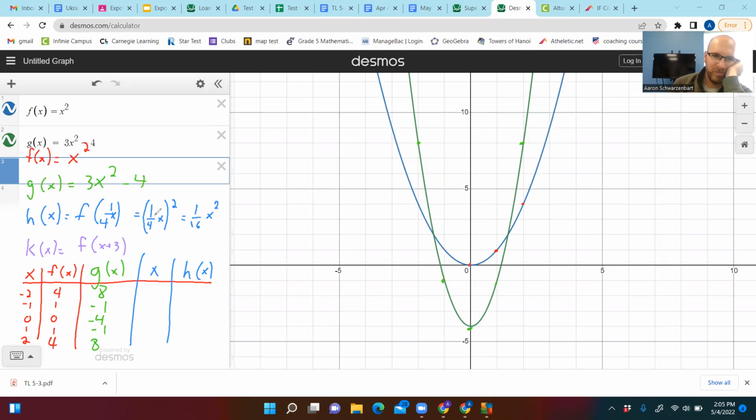It's kind of a reverse thing going on here. So 1/4 is going to be like times 4 or divided by 1/4. So my new x coordinate is -8. And there's no transformation on y, so y is going to stay the same as my original f of x.